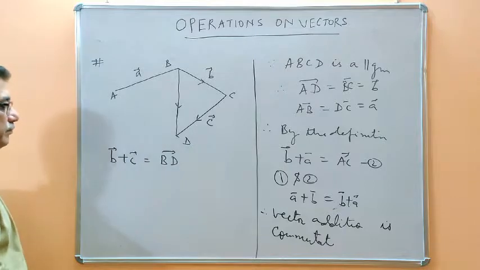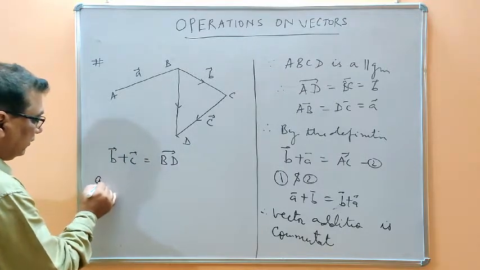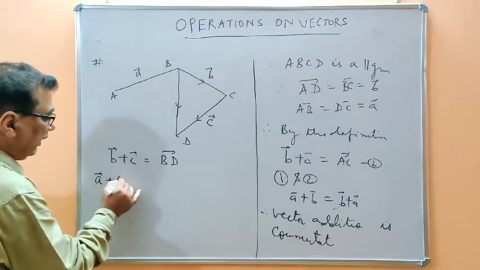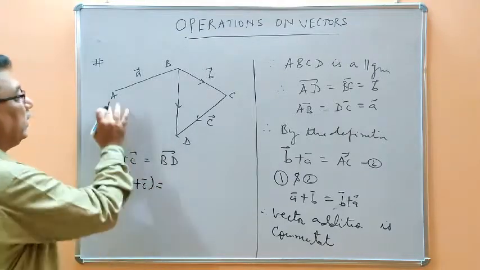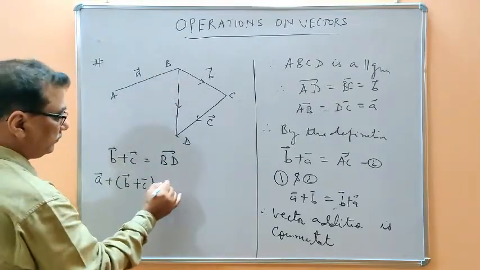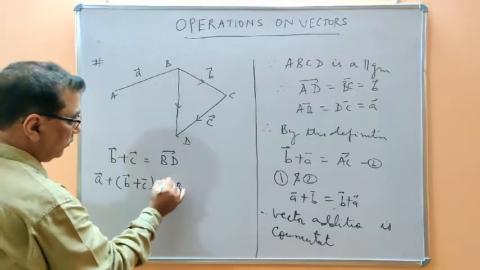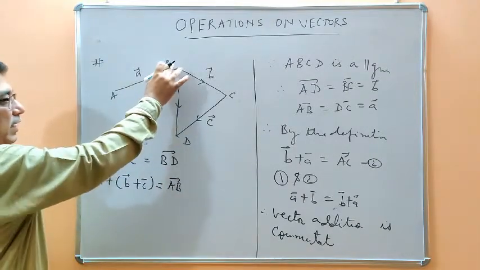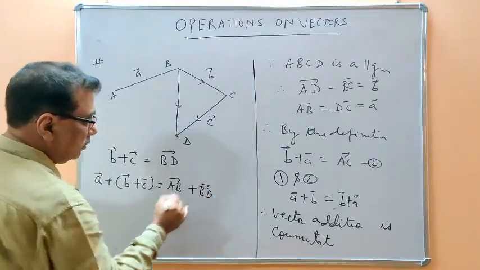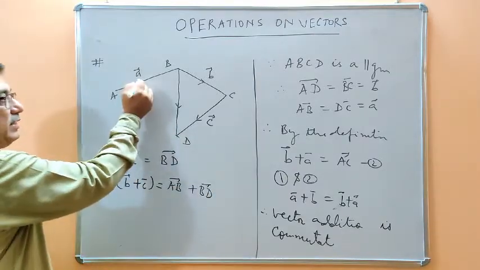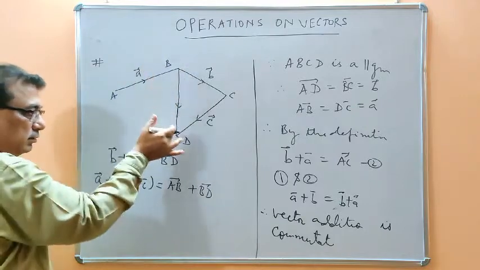Now, if I add A to this vector, A means AB, and then BD. So we are maintaining the same direction.